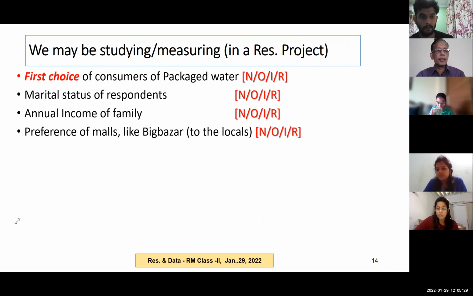Yes, Shelly. Sir, in nominal, we have specified answers, like in the case of marital status, married or unmarried. In nominal, we have our answers, but they are for the names. What is my question, Shelly? So annual income, sir. Like Pimple said, in annual income, it can be nominal.